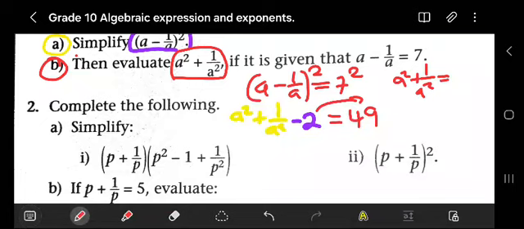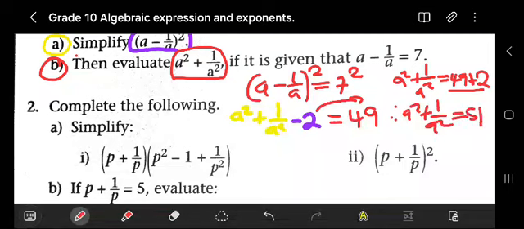That is the value that we will have. We'll have 49 plus 2. What is 49 plus 2? It's 51. Therefore, guys, a squared plus 1 over a squared will be equal to 51. So we found this value is 51. It's simply 51. We got it.